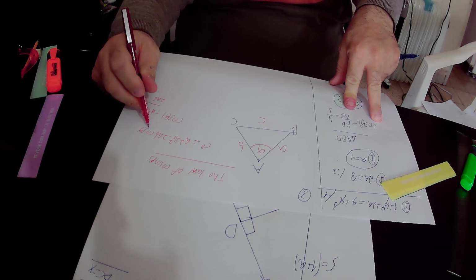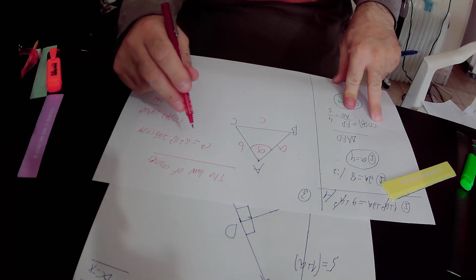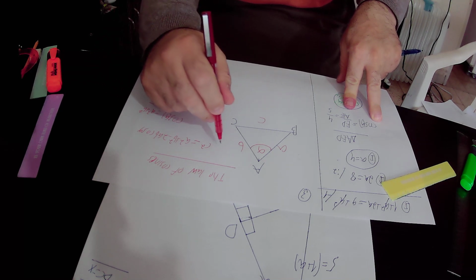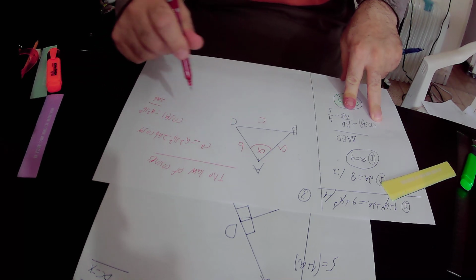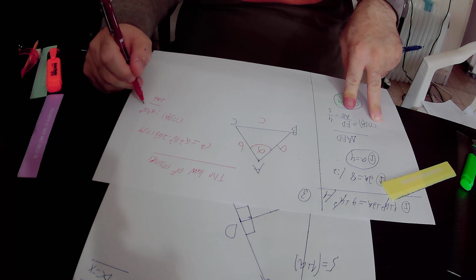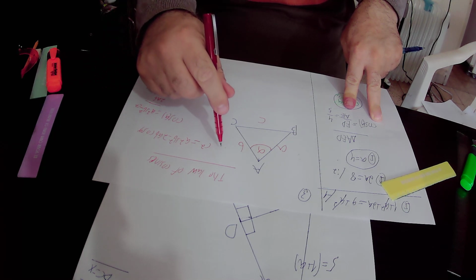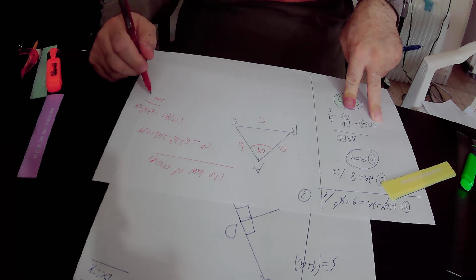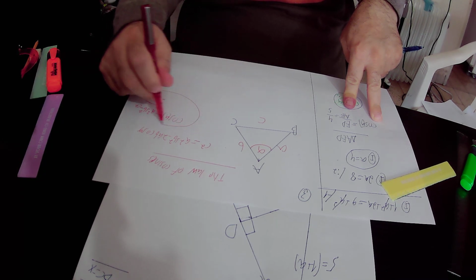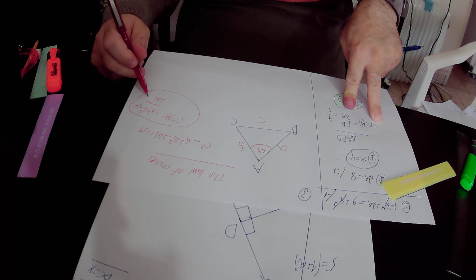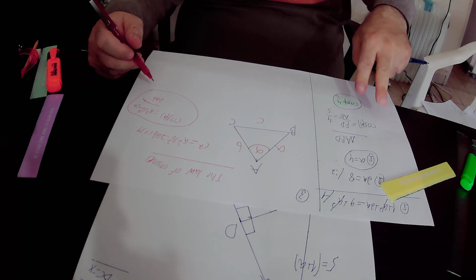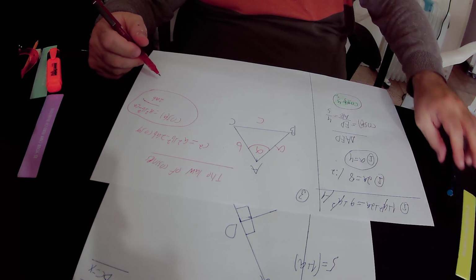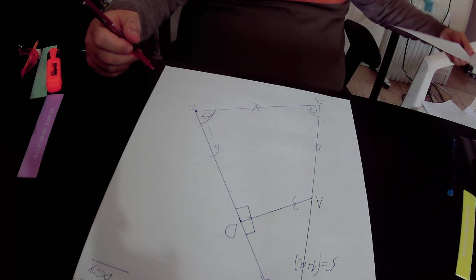If we add to this equation 2AB cosine alpha, and then subtract C squared, here it will be A squared plus B squared minus C squared, and on this side of the equation we will have 2 times AB cosine alpha. Then when we divide this equation by 2 times AB, we get that cosine alpha equals A squared plus B squared minus C squared over 2 times AB. So we can implement the law of cosines in our triangle.